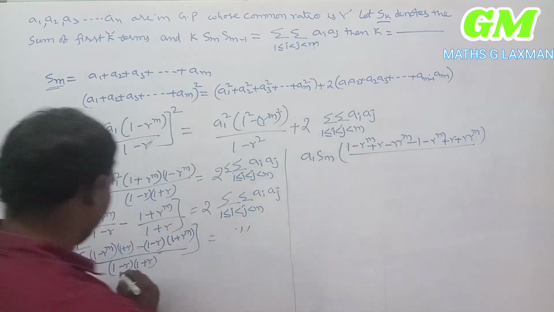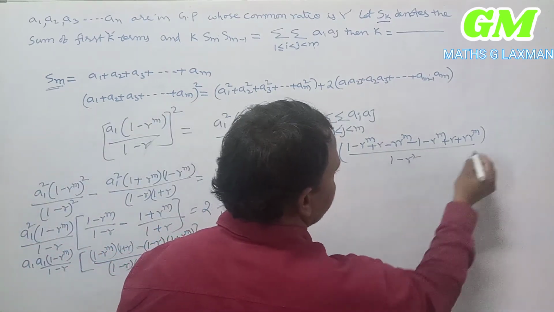So divided by, we have (1 minus r) square.